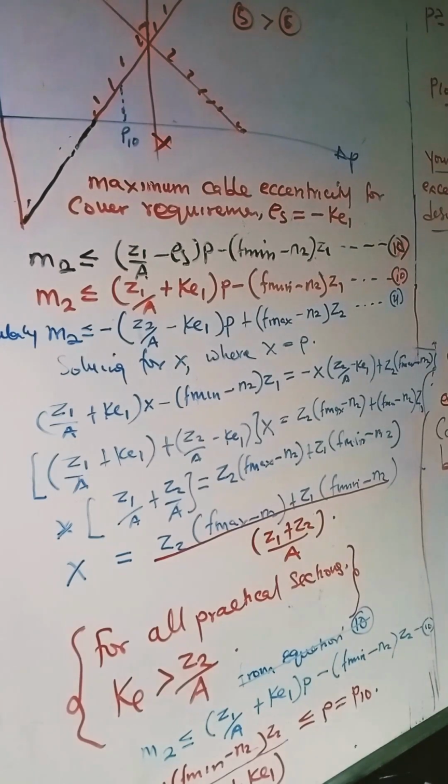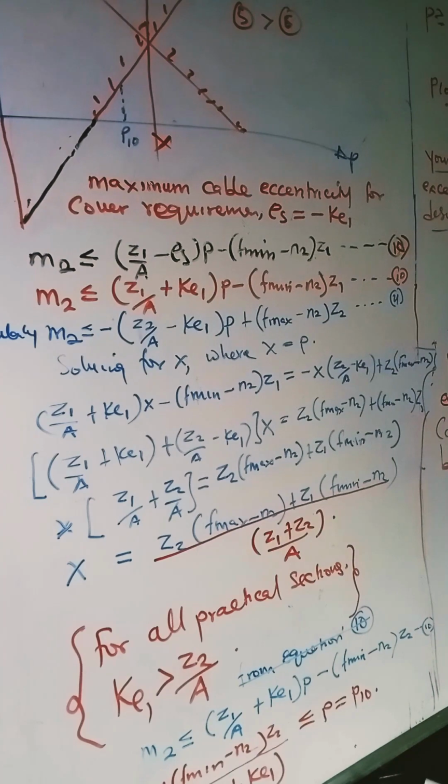Also take note that for practical sections, our Ke1 must be greater than the sectional modulus with respect to fiber 2 over area, Z2 over A. So for all practical sections you deal with, you should expect Ke1 to be greater than Z2 over A. From equation 10, we can rewrite the equation and obtain the pre-stressing force within boundaries lesser than x.